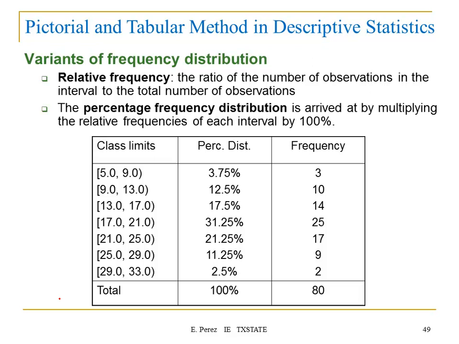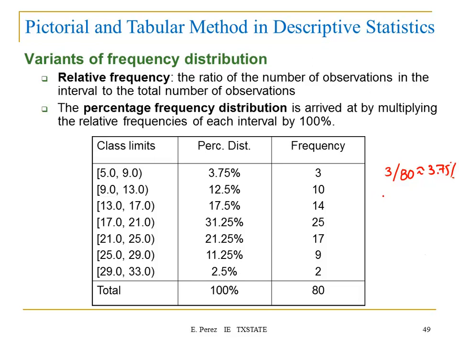Okay, so another variant is a measure called relative frequency, which is the ratio of the number of observations in the interval to the total number of observations. Basically, you just look at the percentage. So if for the first bin you have 3 units, and you know that you have 80 observations, this is going to be 3.75%.